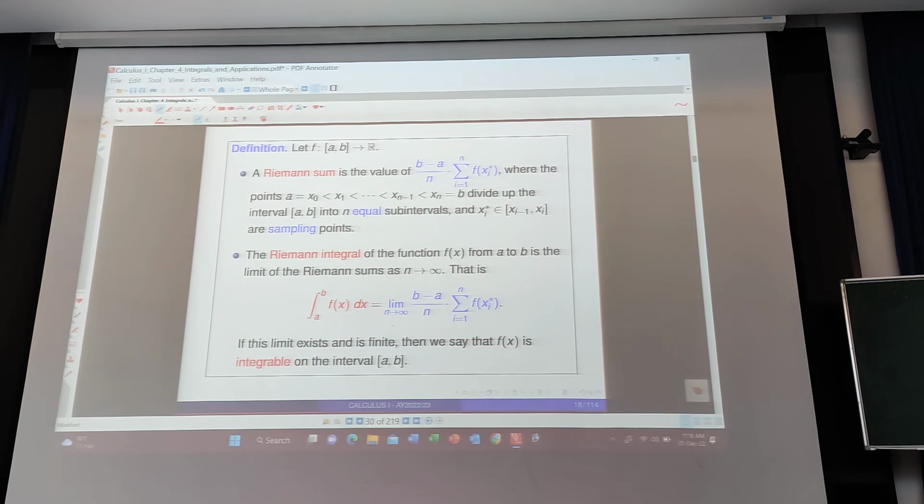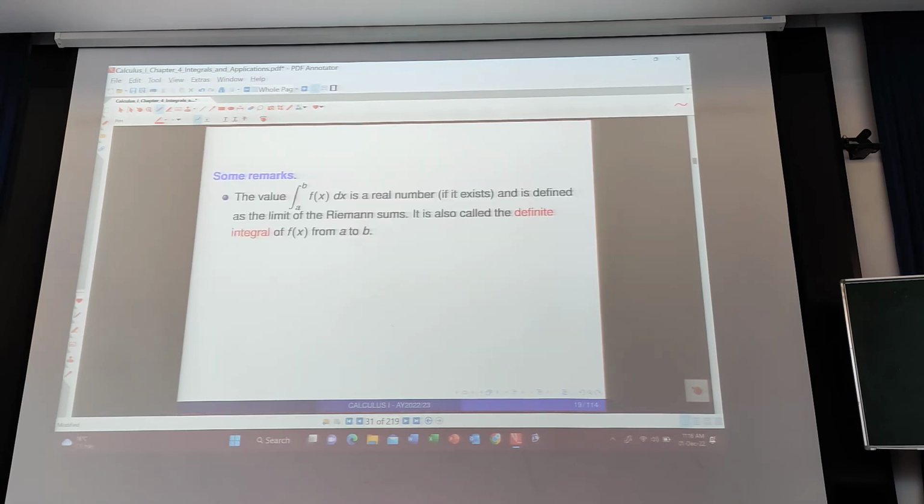Thế rồi bắt đầu ta xét giới hạn của Riemann sum n đến vô cùng, nếu nó tồn tại thì nó ra cái số, và số đấy thì được ký hiệu là integral từ a đến b f(x) dx. Right? So that's the reason we call this Riemann integral a definite integral, là tích phân xác định, bởi vì nó tính từ a đến b.